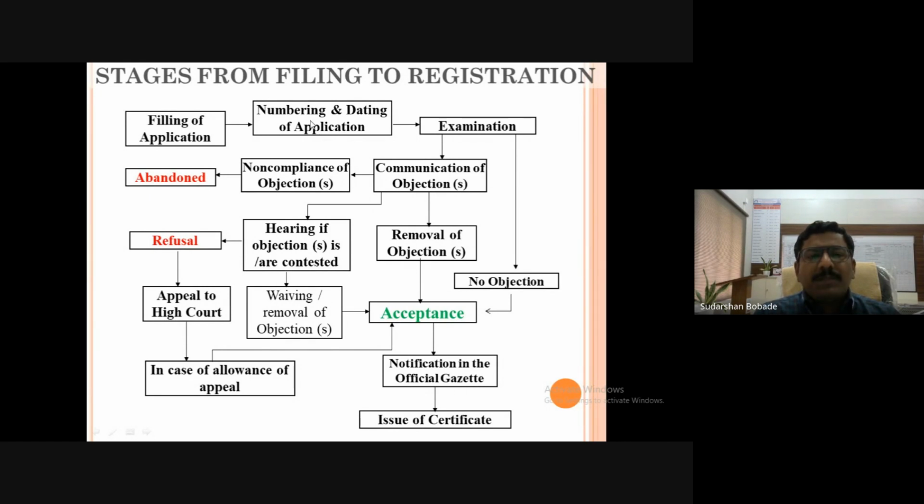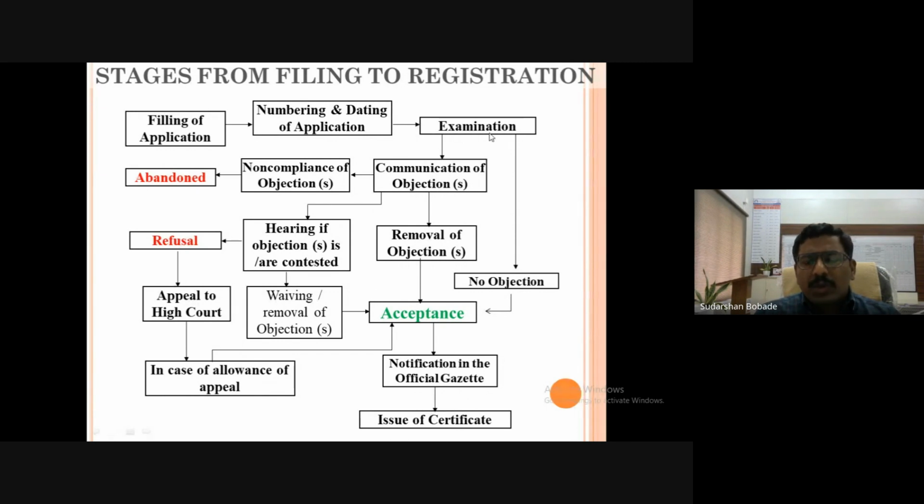After marking of this application, it will move further for examination. If there is no objection during the examination, as it is only eye judging, my dear friends, we are about to get the acceptance. There will be a notification in the official gazette, which is published every Friday by the patent office, and then there will be the issue of the certificate.